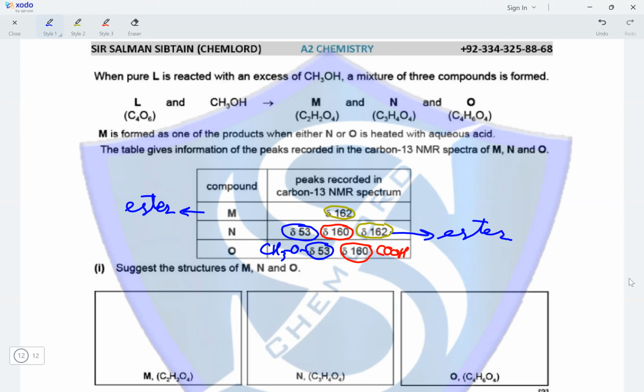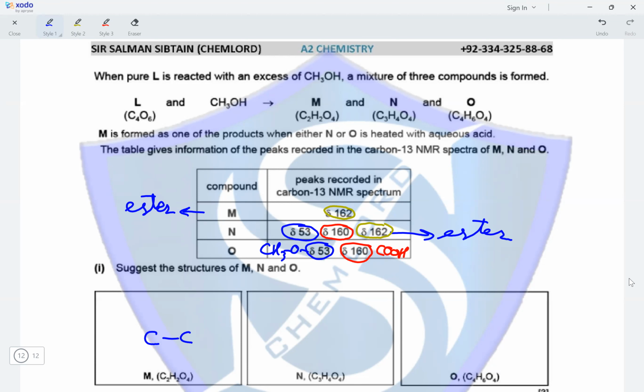Now, suggest the structures of M, N, and O. M contains two carbon atoms, and it is C2H2O4. This is not the ester because M is formed as one of the products when either N or O is heated with aqueous acid. So on hydrolysis, M is formed.